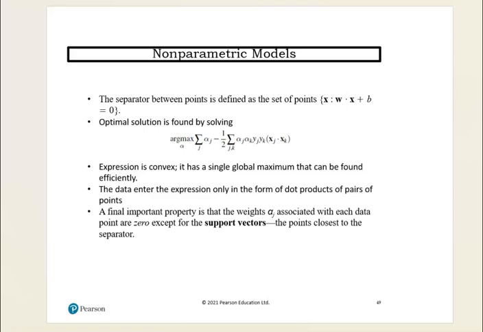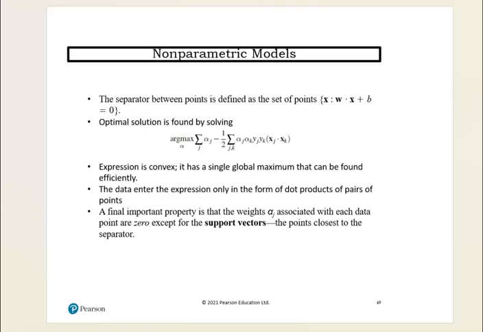So we could search the space for w and intercept b with gradient descent to find w, not to minimize the classification loss like we did with regression, but to maximize the margin, with the constraint that all the examples must be classified correctly. However, it turns out there's another approach to solve this problem.